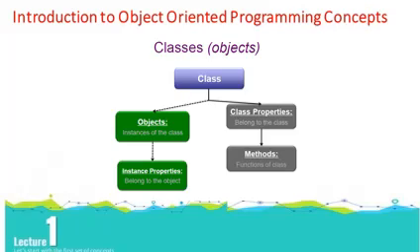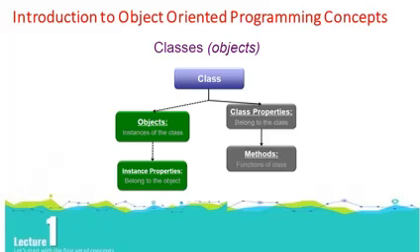Here you can see a class has various objects of similar type, and when they become more in number, we say it is a class. And when we identify a particular item, then it becomes an object.